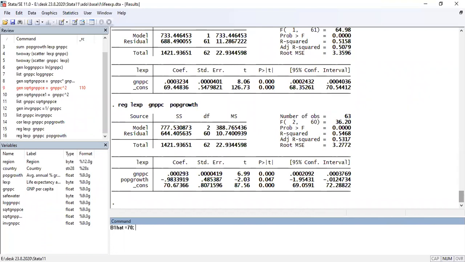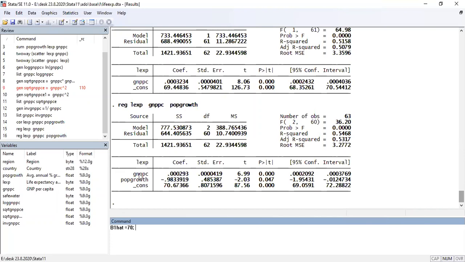Professor, if life expectancy is 0. No, wrong. Life expectancy is the dependent variable. Once again, in this corner is the dependent variable.